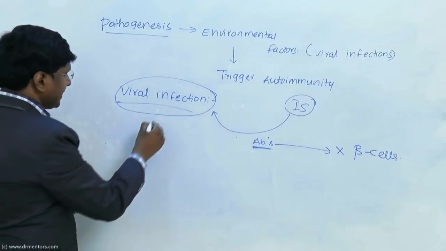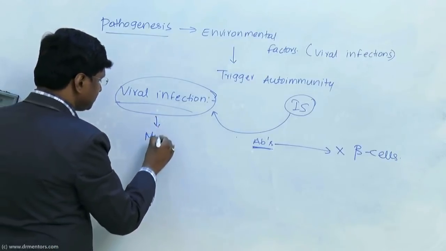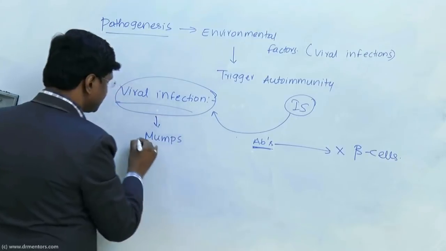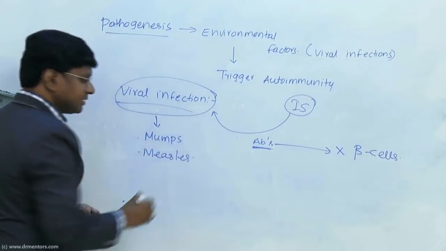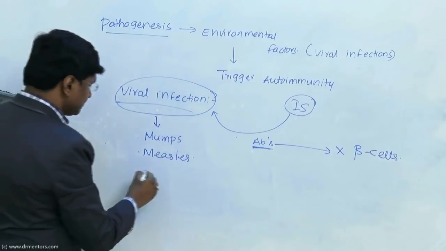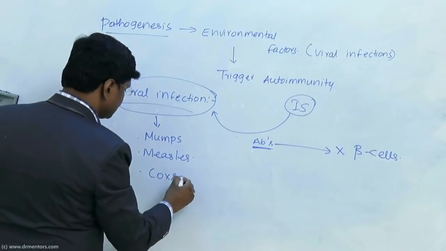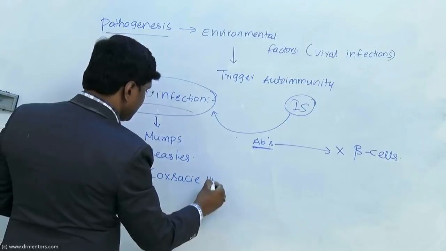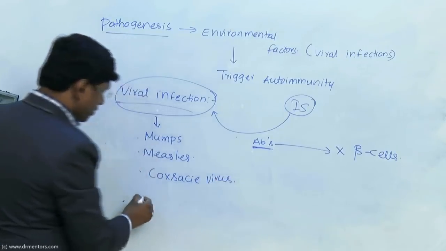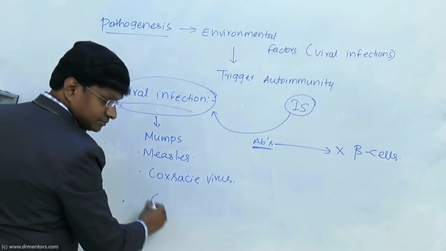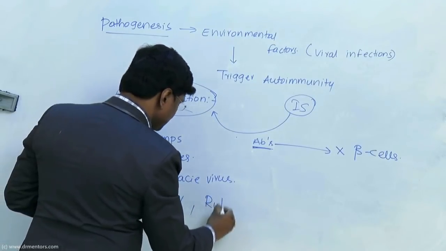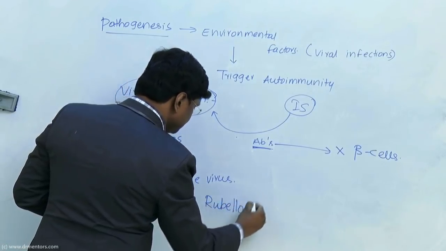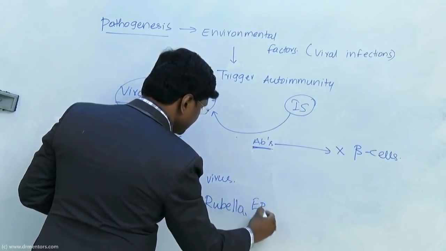This is what is called autoimmunity. Now, what are those viruses? They include mumps, measles, Coxsackie virus, cytomegalovirus, rubella, and Epstein-Barr virus.